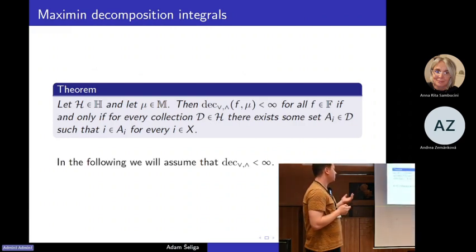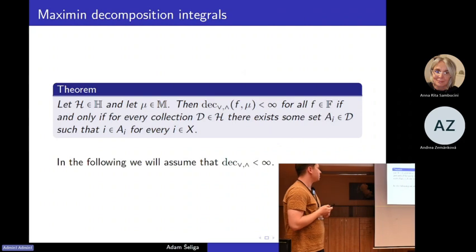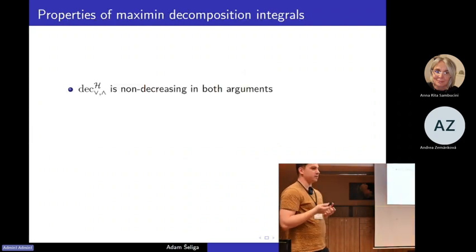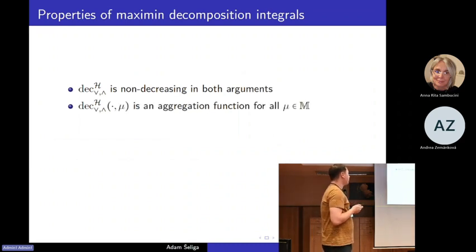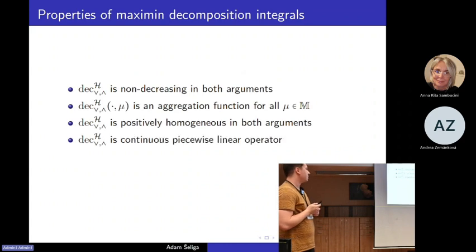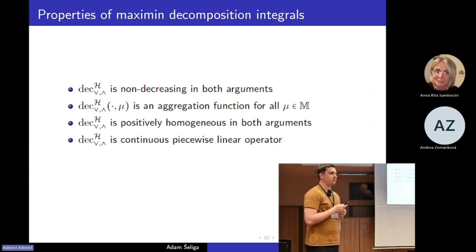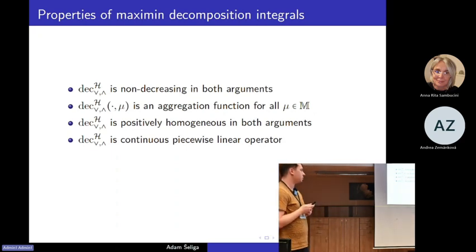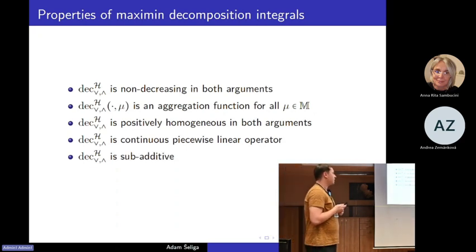In the properties of these maximum decomposition integrals, we will assume that they are always less than infinity. They are again non-decreasing, aggregation functions, positively homogeneous, continuous piecewise linear operators, again in the case that they attain no value of infinity, and they are subadditive.